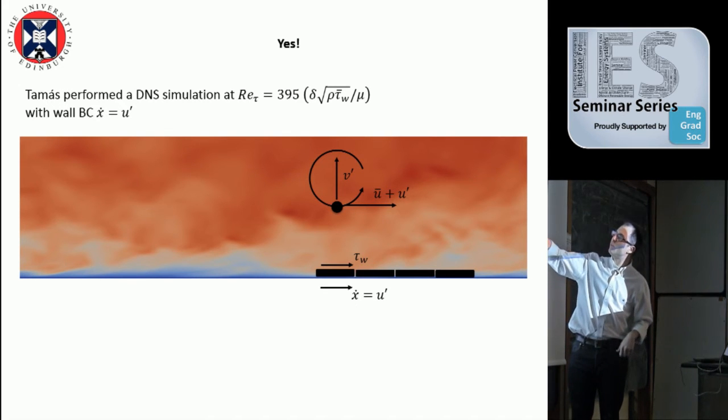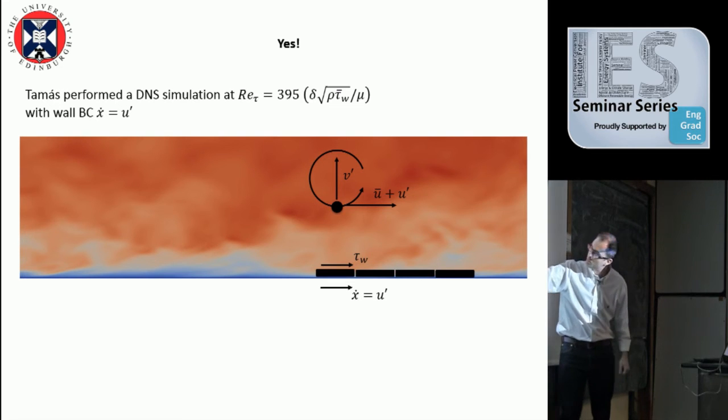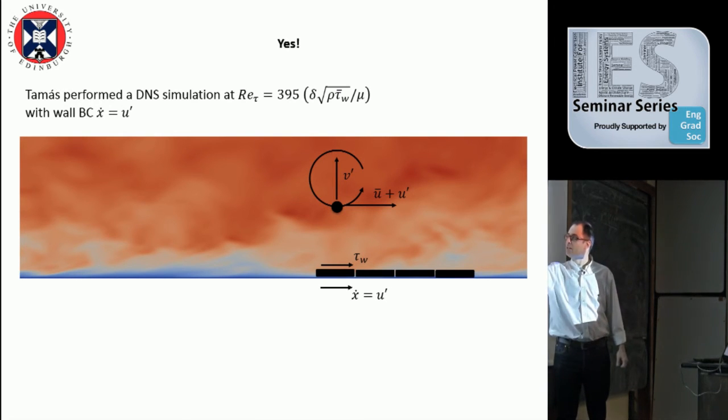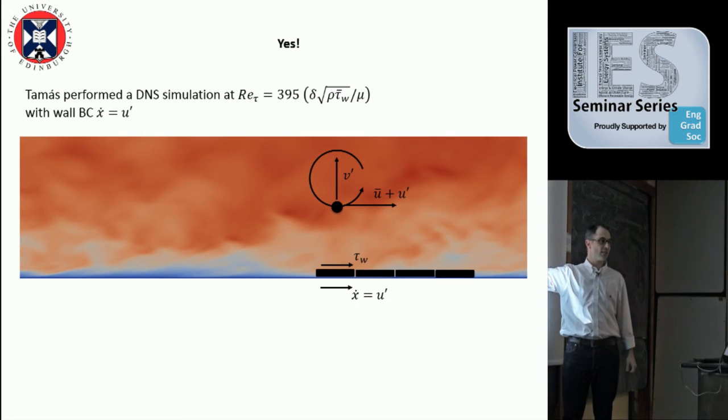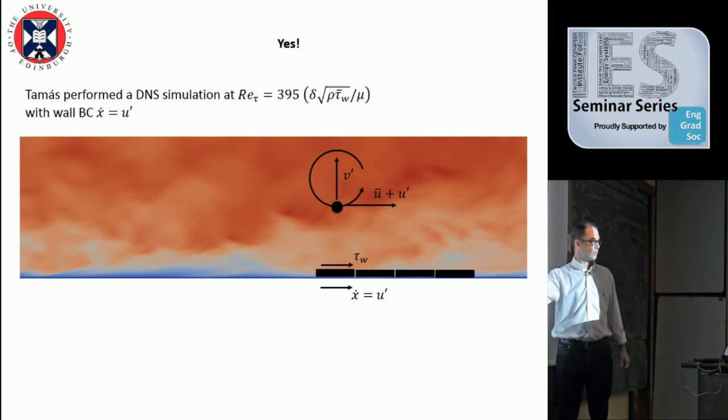So the question was, what can we do? And actually, what we find out is that if we move this block so that the velocity of the block is equal to the velocity fluctuation of the flow here, all right? So every time this point here is not just traveling at a constant velocity, but is accelerating a bit, we take the excess of velocity and we match it with the wall.